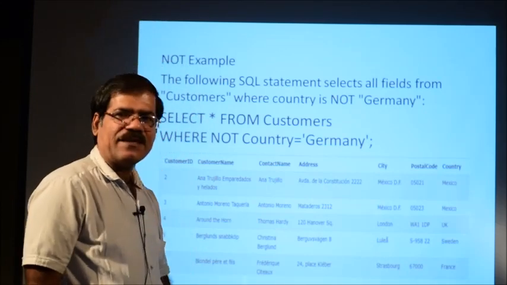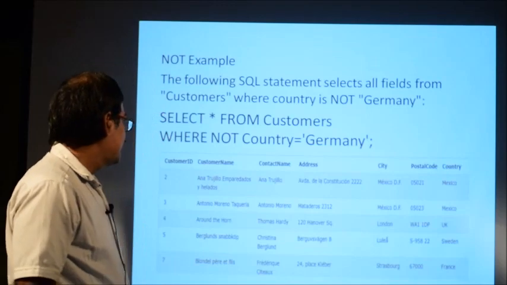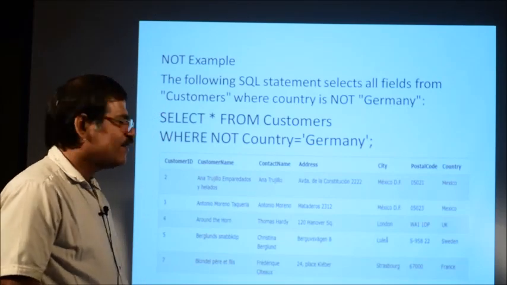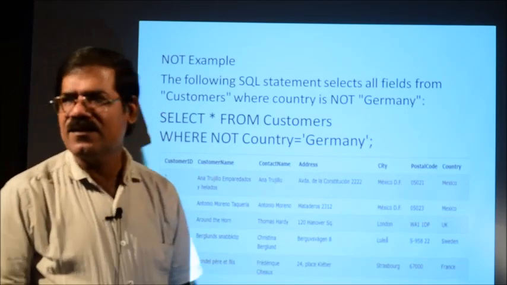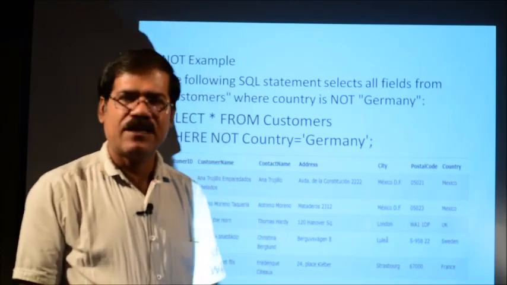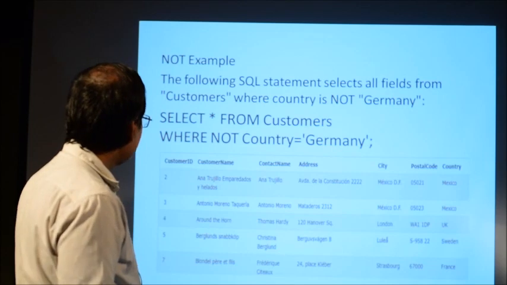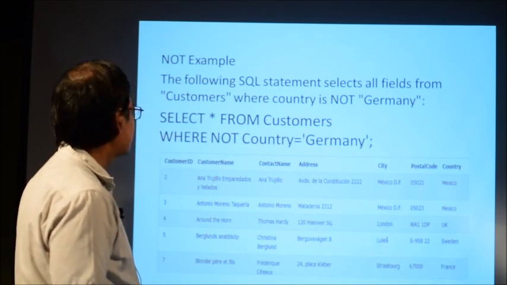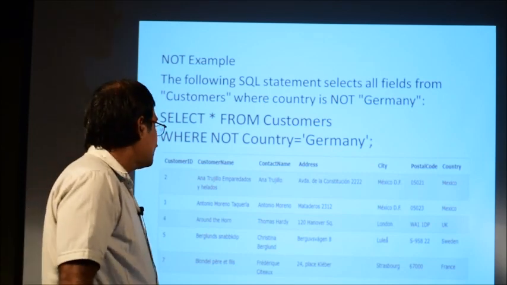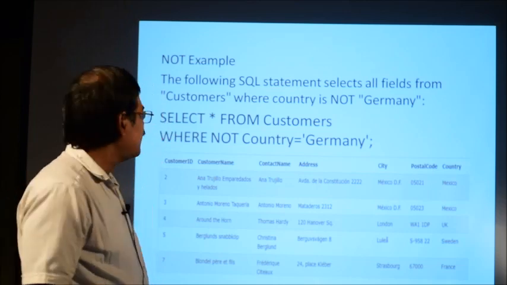So, what SQL statement do you write? Select, obviously select will be there because we want to select the records from the table. Select star from customers, because customers detail will be required. The table name is customers.